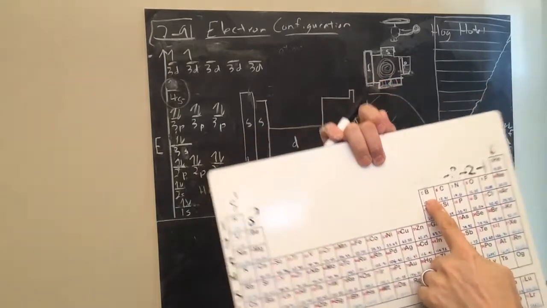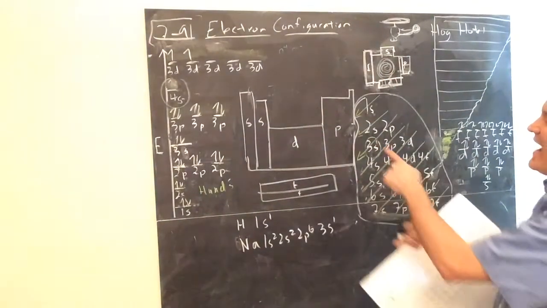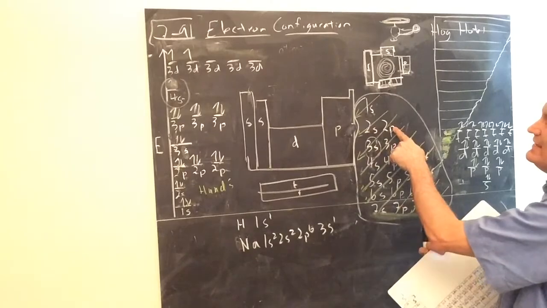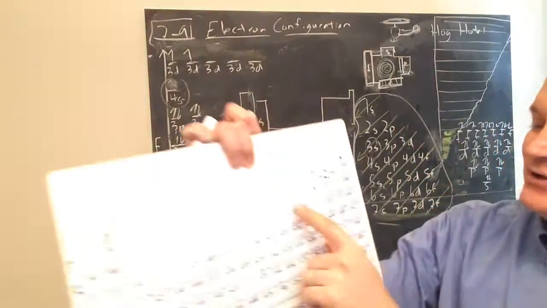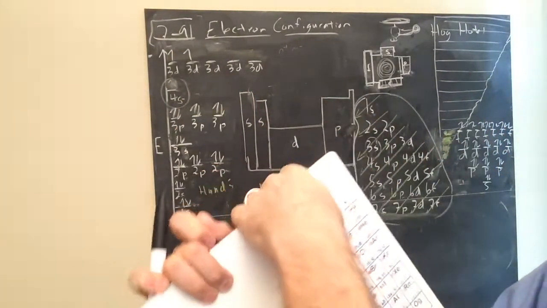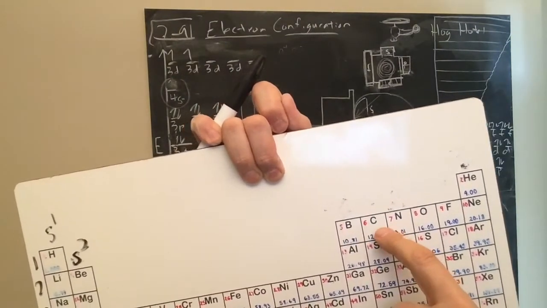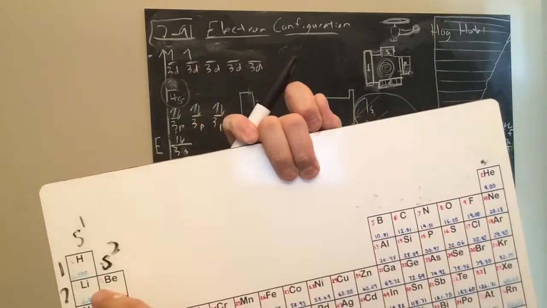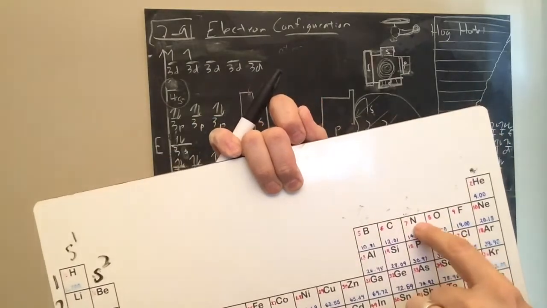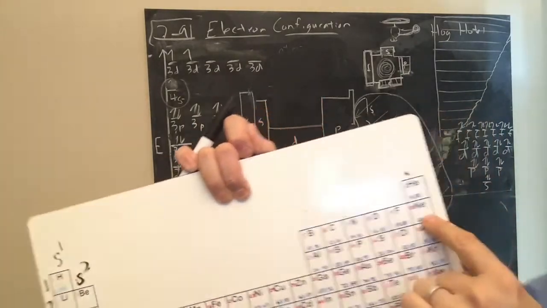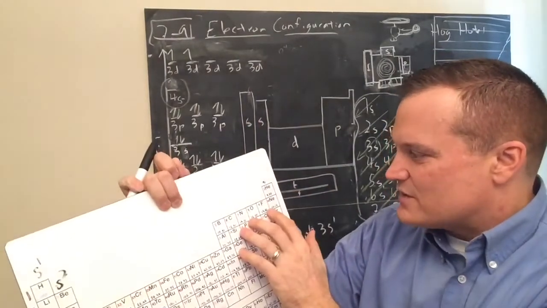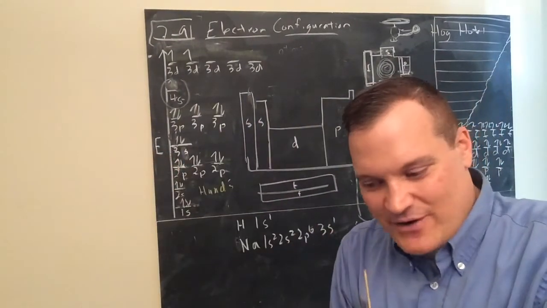Well, according to the line diagram, after 2s2 comes 2p1. And so guess what? Boron will be 2p1. Guess what carbon is going to be? 2p2, 2p3, 2p4, 2p5, 2p6. It still works. Everything fits on the periodic table.